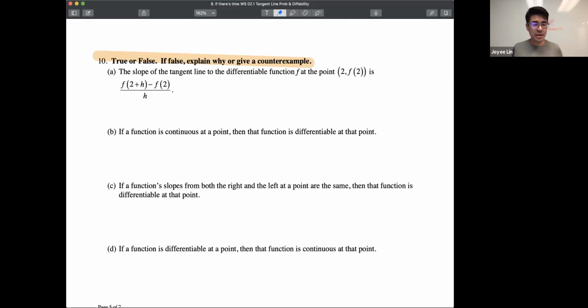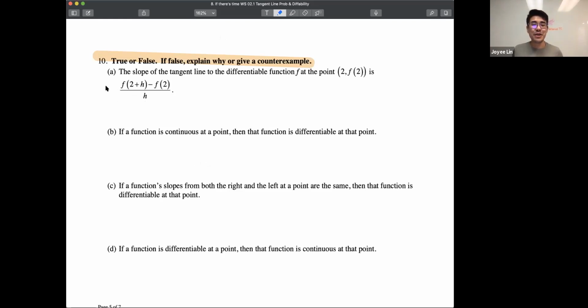I'll wait a couple more seconds. See if there's any stragglers who want to vote. Aha. So here are the results that we have. So 80% thought that number 1 is true. Number 1 is false.